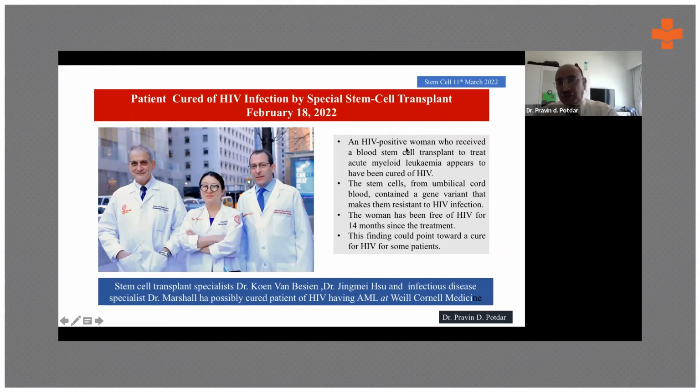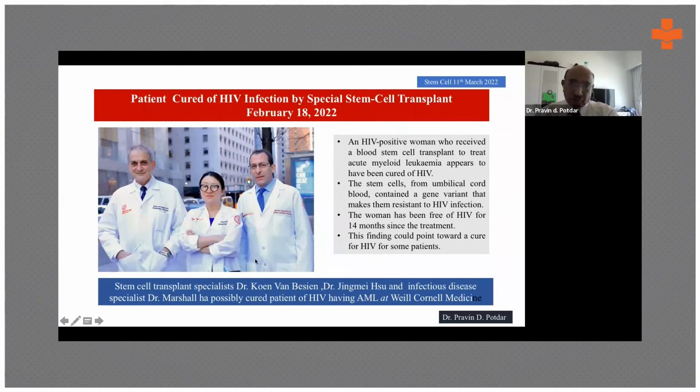He has taken an HIV positive human who received a blood stem cell transplant to treat acute myeloid leukemia, and appears to have been cured of HIV. The stem cells from the umbilical cord blood contain a gene variant that makes them resistant to HIV infection. The woman has been free of HIV for 14 months since the treatment.